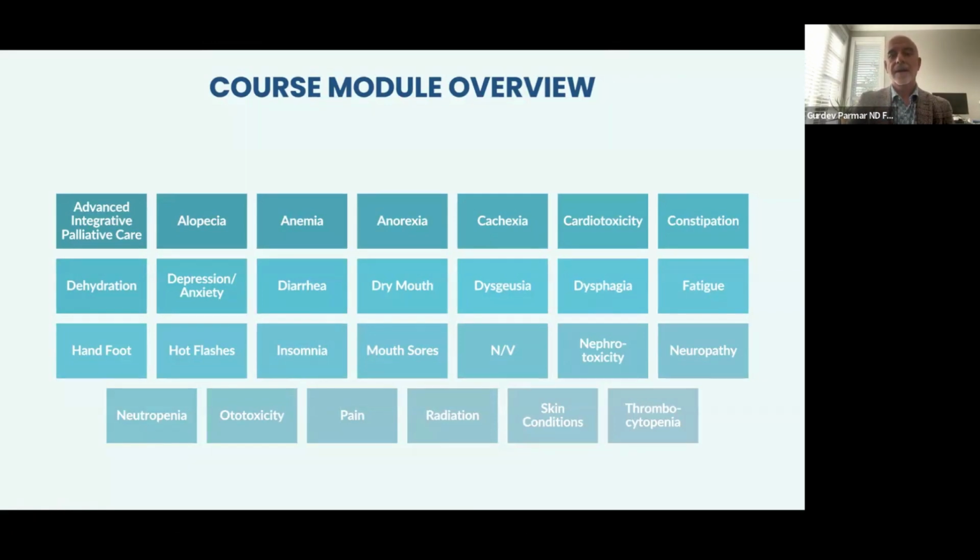I will say, as a naturopathic physician of 25 years in the field, I have found palliative care to be the most open, accommodating, transparent, collaborative field in medicine.